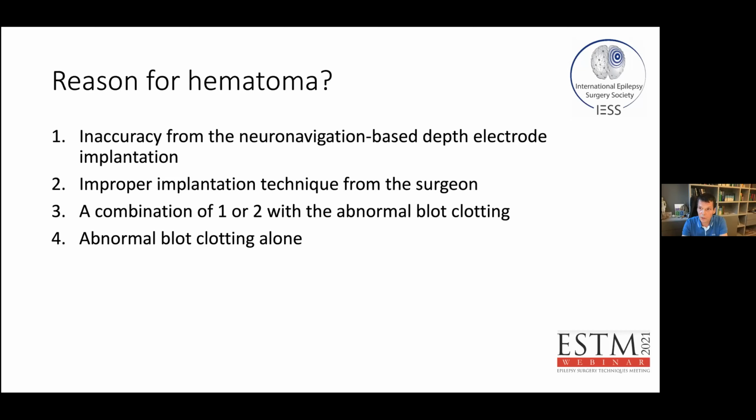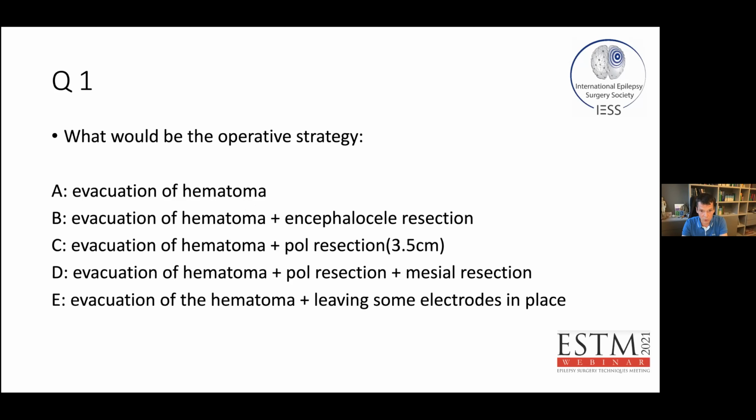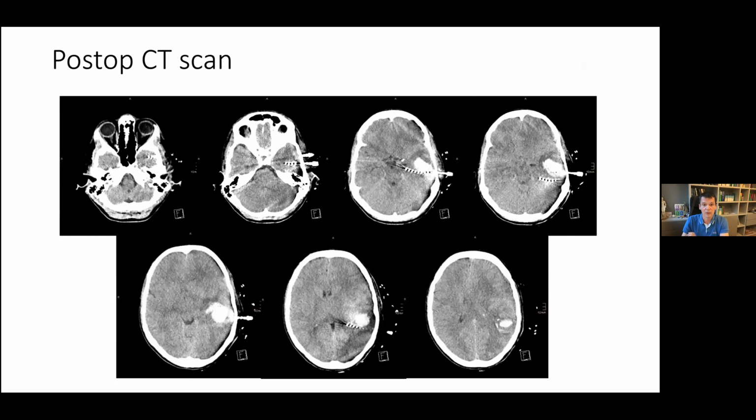Yeah, so we analyzed the images, and because of the hematoma, it was very hard to find the exact reason for this, but we thought that this electrode here was the reason for it. But going back to the MRI images, there was no large vein there.